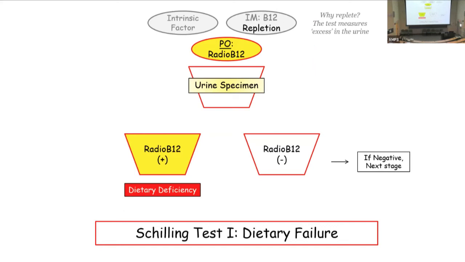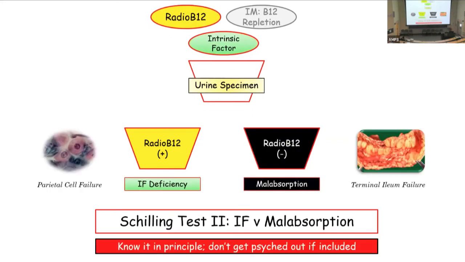So you give people IM B12, then you give radioactive B12 orally, and then you collect the urine. So again, if it shows up in the urine just after you give them an IM repletion, it was a dietary deficiency, step 1. If it doesn't show up in the urine, you go to the next stage, step 2. In that instance, you give, same thing, the repletion, you give that radioactive B12 plus intrinsic factor.